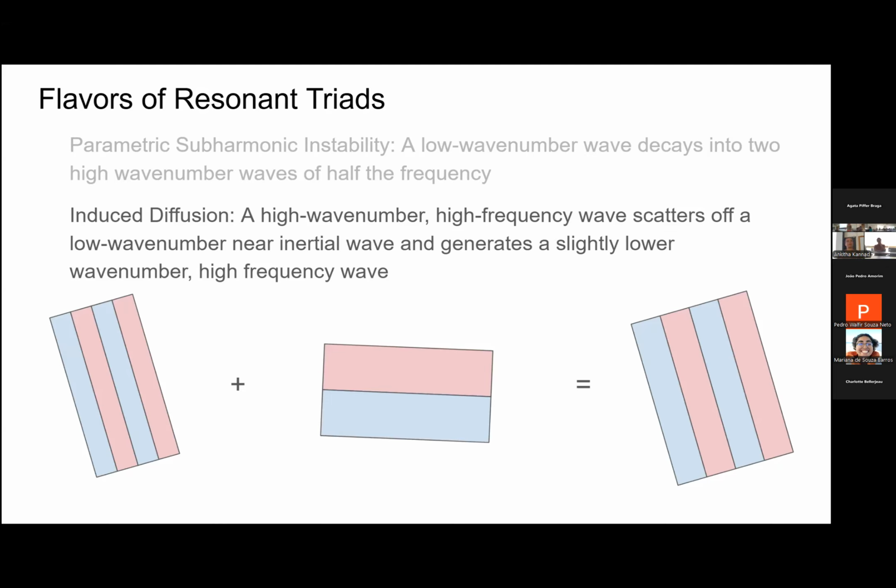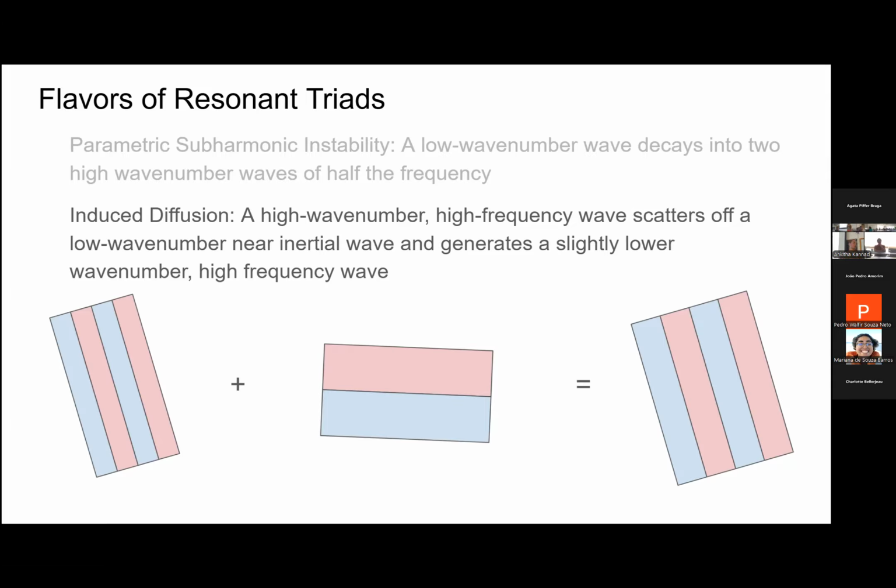I think that this frequency is similar to that one, and it's probably slightly smaller. I think the more significant part of this induced diffusion is that the wave number is lower.